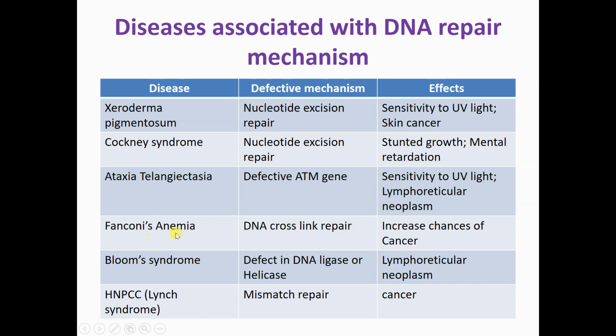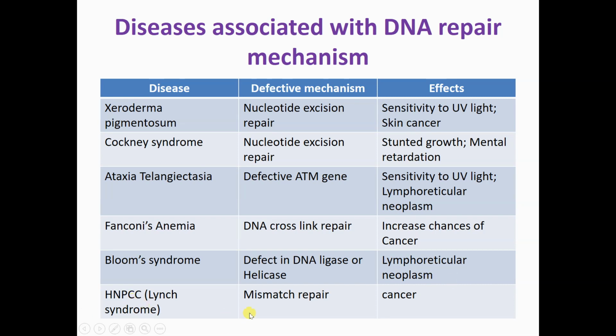Then Fanconi's anemia can occur due to defective DNA cross-link repair, which can increase the chances of cancer. Bloom syndrome is due to a defect in the DNA ligase or helicase enzyme. Suppose DNA ligase is not working properly, then this repair cannot occur. It can lead to lymphoreticular neoplasm.